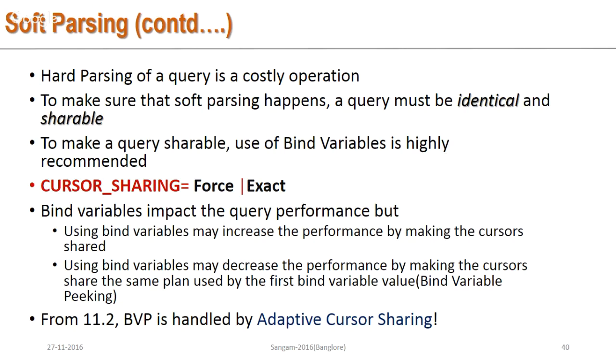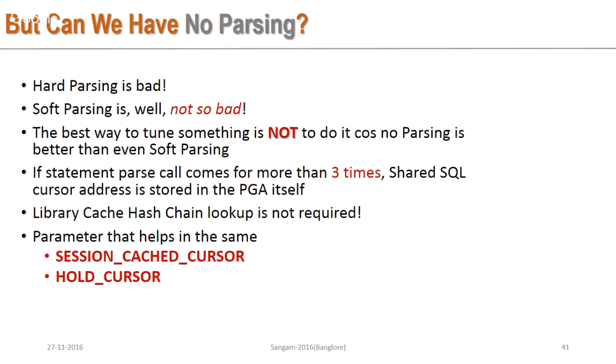So the idea is that hard parsing and soft parsing both have their own pros and cons, but the point is that there should not be any parsing at all, and that's the thing I mentioned, that there should not be any parsing, and that is actually done by something called the no parsing clause.